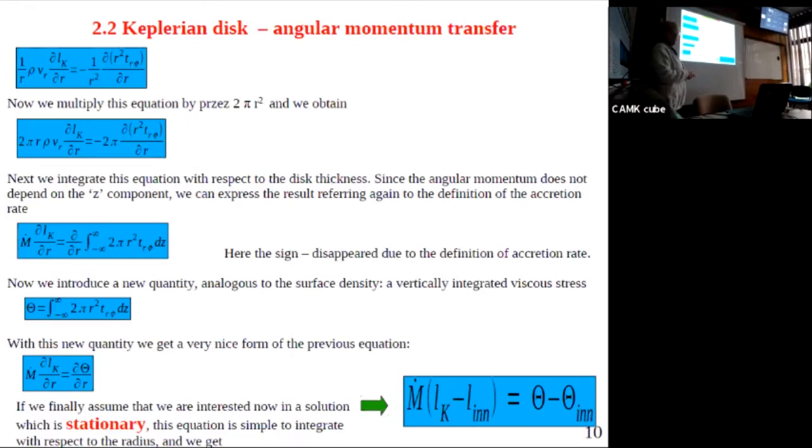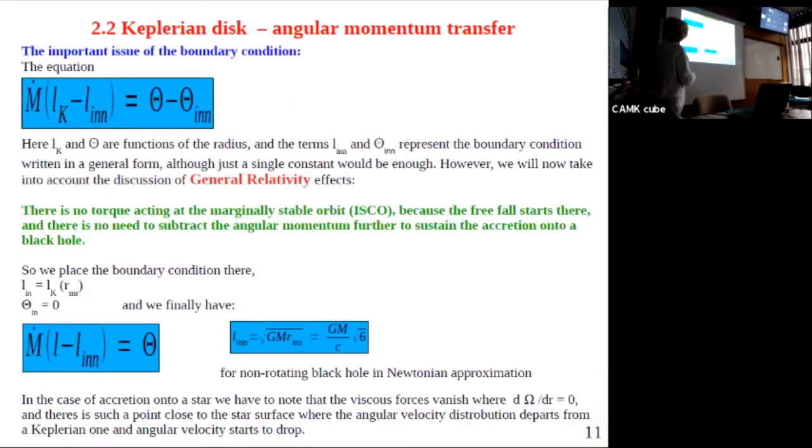And now those constants will be very important. So here I put two constants, one L in and then theta in this integrated stress, because I first could not decide where to set the boundary conditions.